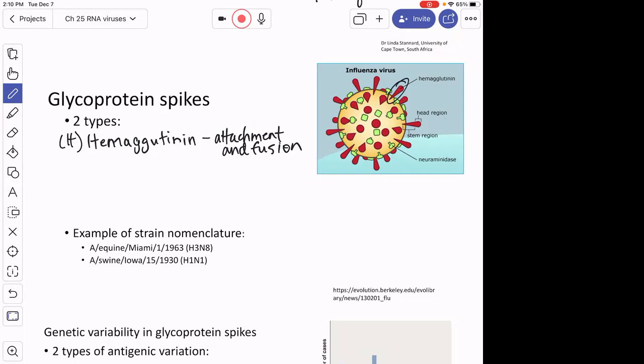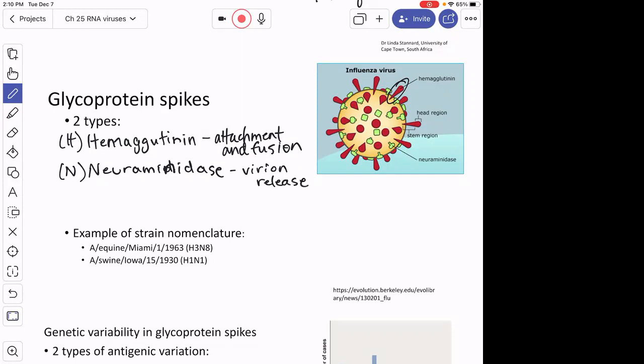And then the second spike, neuraminidase. So usually abbreviate that H and N. Neuraminidase helps a little bit apparently with the fusion of the virus to the host cell, but is most important in virion release.